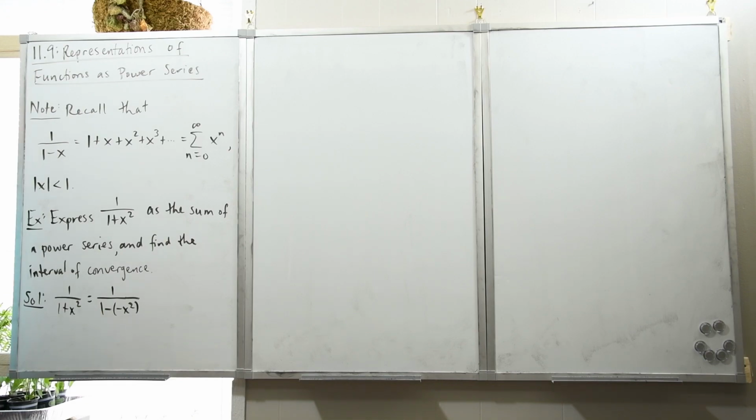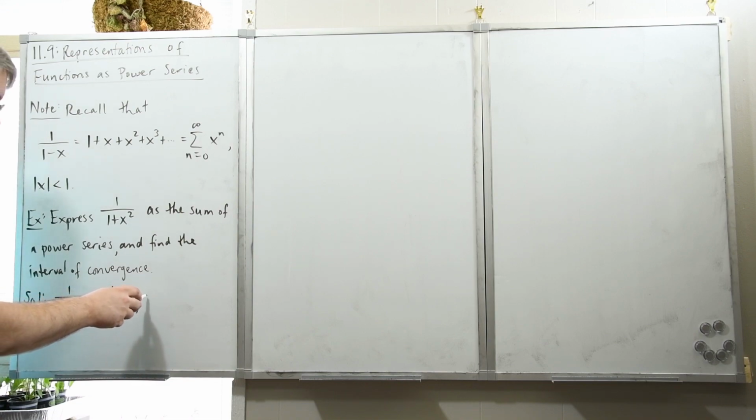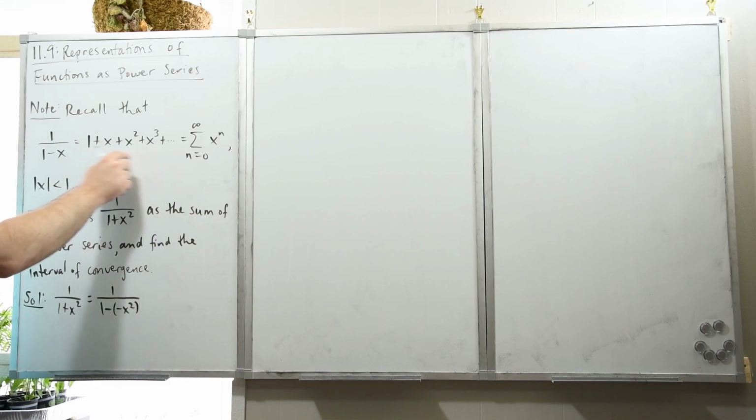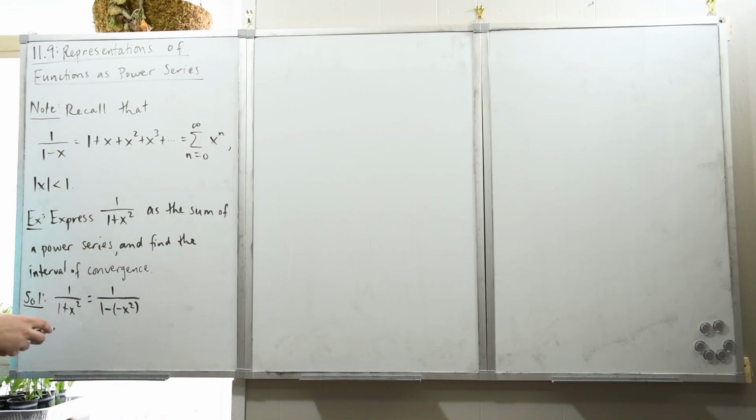But think about this for a moment. The difference between what we're seeing here and what we're seeing here is that we're subtracting negative x squared from 1 in this situation, while we were subtracting x from 1 in this situation. And so if we think of this as some sort of a over 1 minus r business, then the common ratio is going to be negative x squared, which means that really all we have to do is replace the x's here with negative x squared.